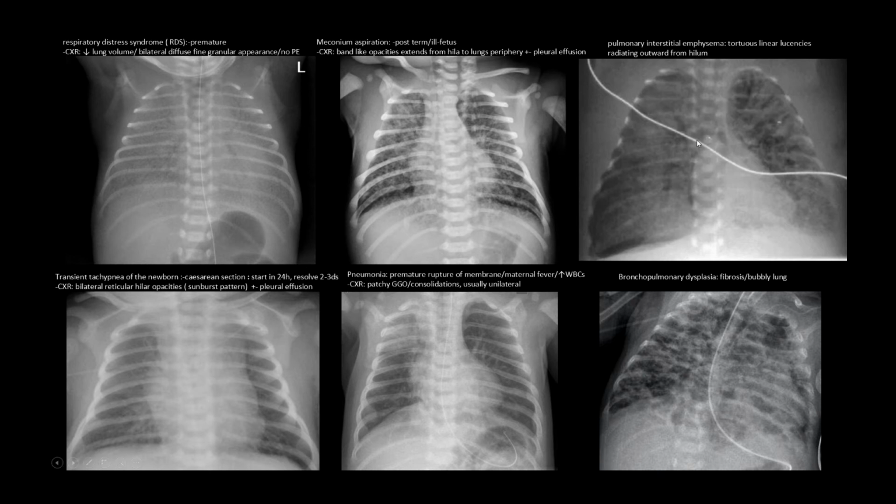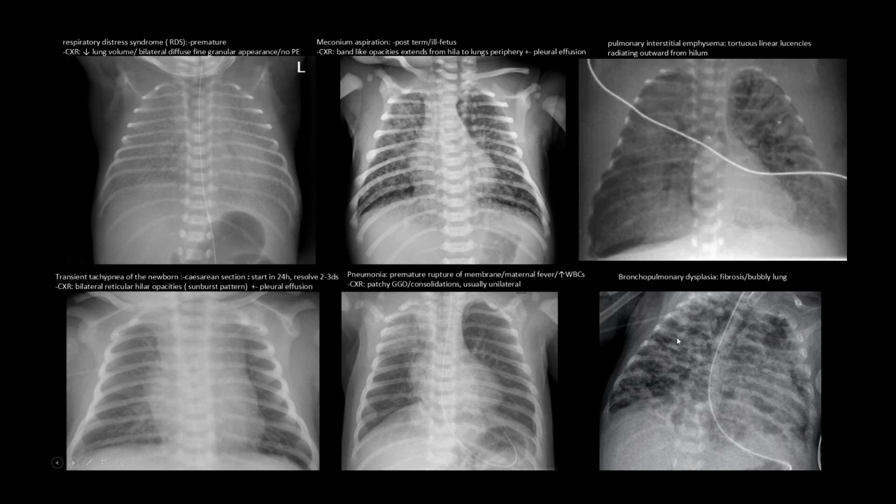Then the air starts to leak through the interstitium, forming those linear lucencies radiating from the hilum. And even the air can leak into the pleural space. As we can see here, we have a small right basal pneumothorax.